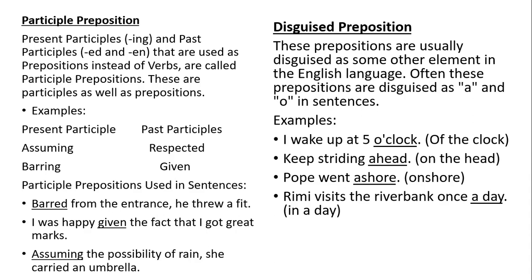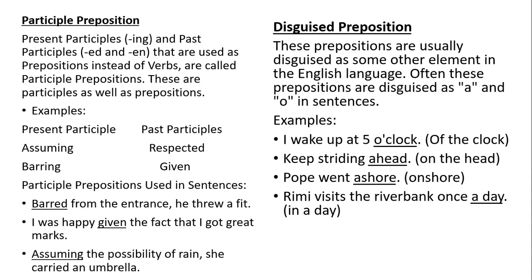Take the first sentence, for example. I wake up at 5 o'clock. I had no idea about this one, that o'clock is actually a noun with a preposition of. When I was younger, I always thought that this is simply the way of telling time.